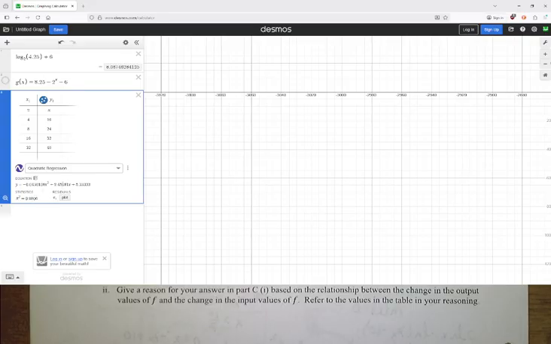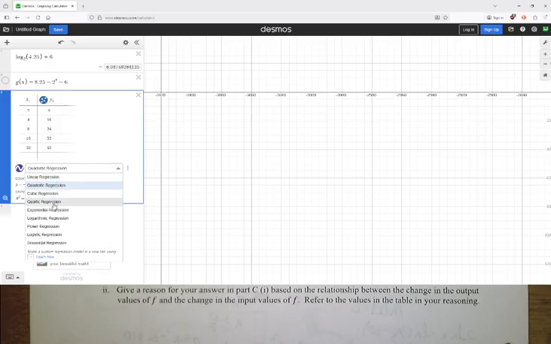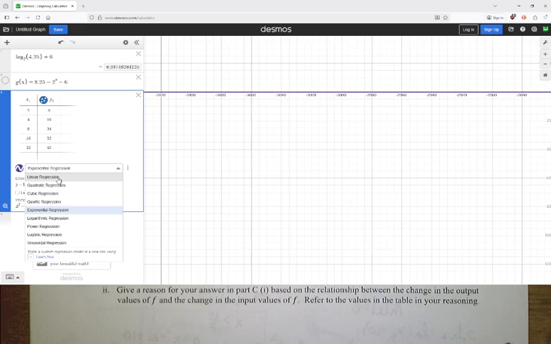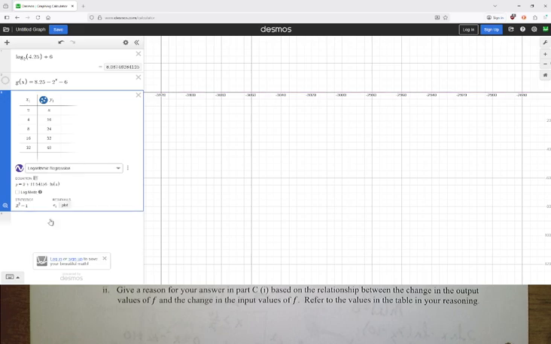And next one we're going to try is exponential. Exponential has an r squared of 0.78. That's definitely not one we want. And then we'll try logarithmic. And logarithmic has an r squared value of 1. So it is exactly logarithmic.